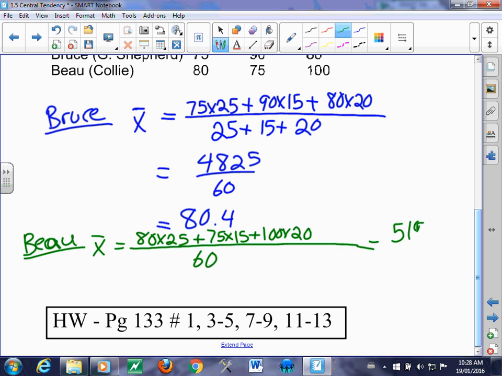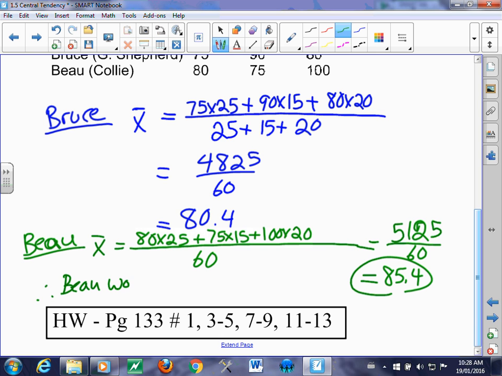The numerator is going to be 5,125 divided by 60, and that's going to be 85.4. So therefore, who won? Bo won. So I'm going to write that down. So therefore, Bo won because we don't know if it's a she or he, it had a higher weighted score.